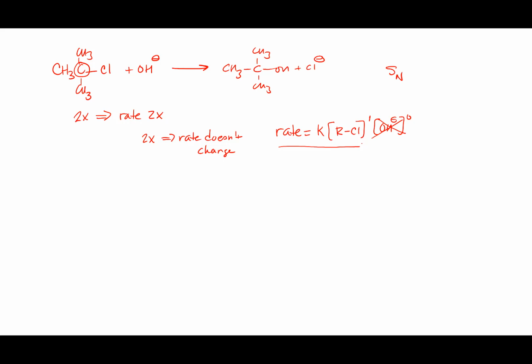Well, guess what it isn't? It isn't the simplest one, right? Where the halide comes in, kicks off the leaving group in one step. Because we already know that's a bimolecular reaction.